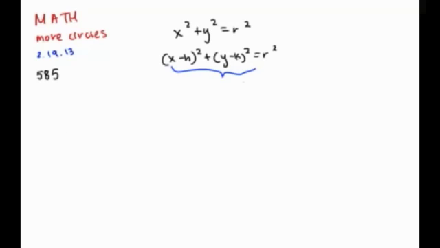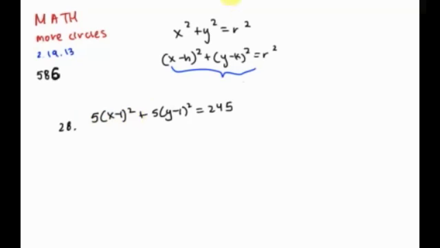What else do we have? We have number 28 on page 586 now. And we need to graph this still. 5 times x minus 1 squared plus 5 times y minus 1 squared equals 245. You might be asking, how can you even do this? There's a coefficient before these terms.